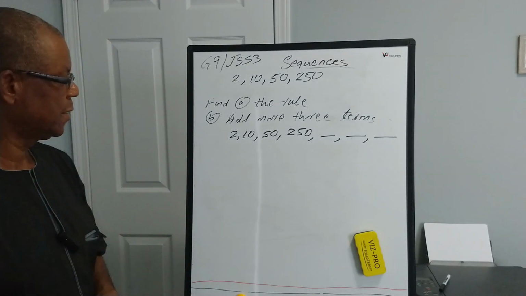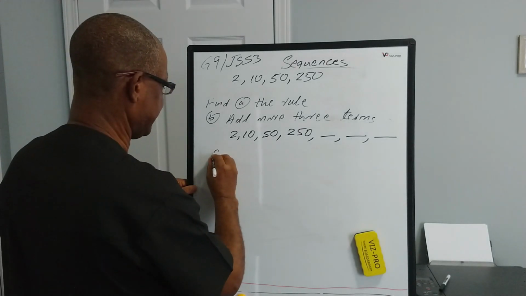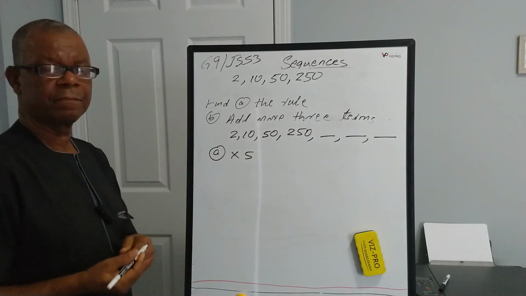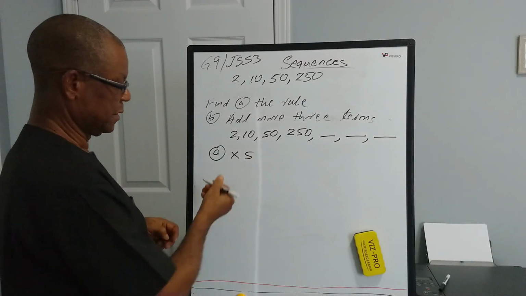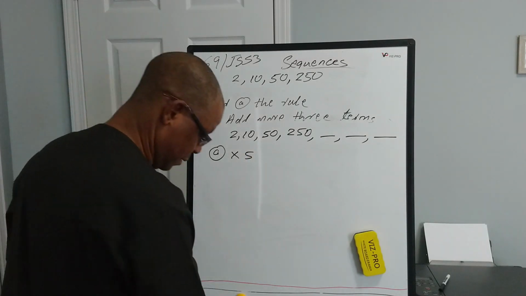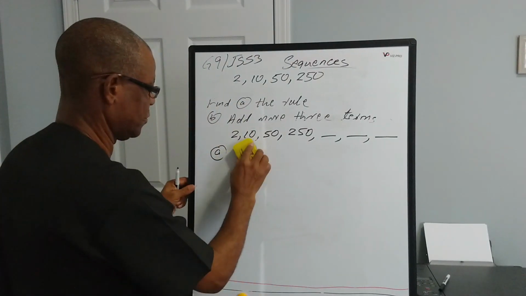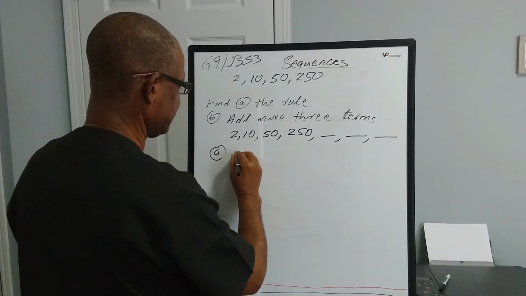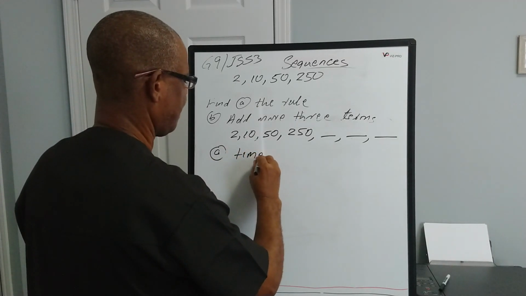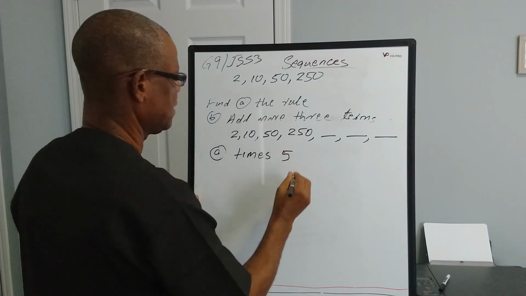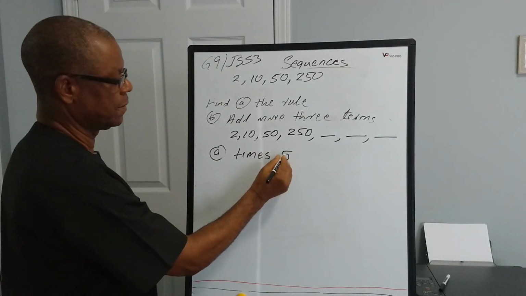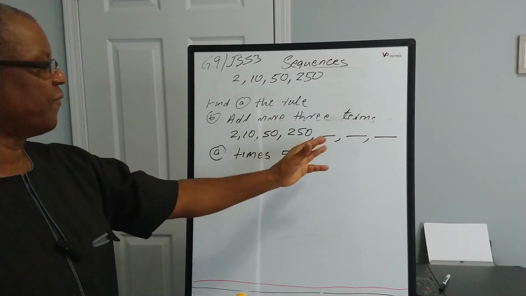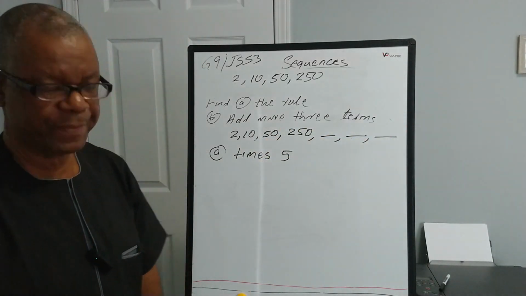So we now have for A, times 5. That is the rule. Okay, let me use this for those who may get confused. I mean times 5 as the rule for the very particular sequence. And so with this we can find the other 3 we expected to find. That is B.